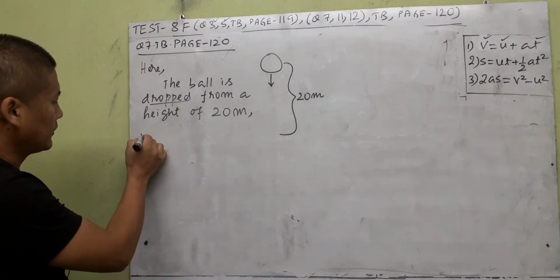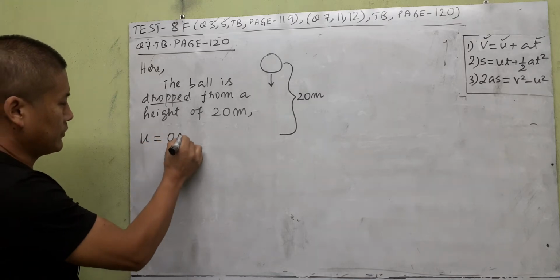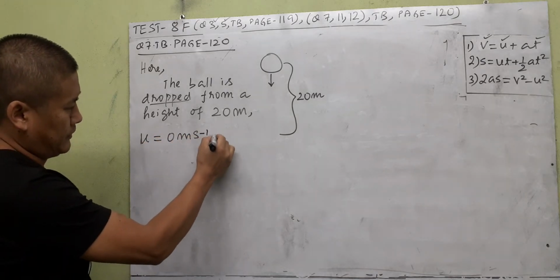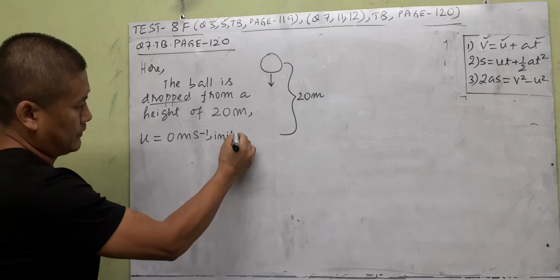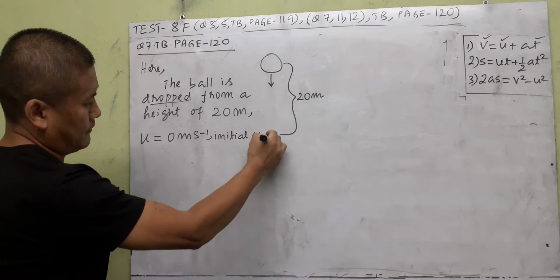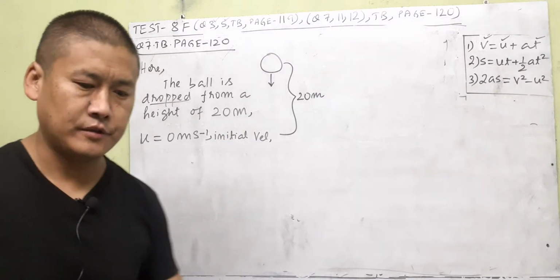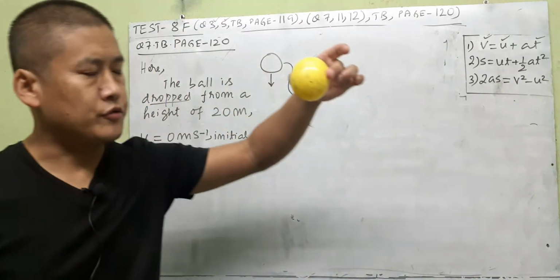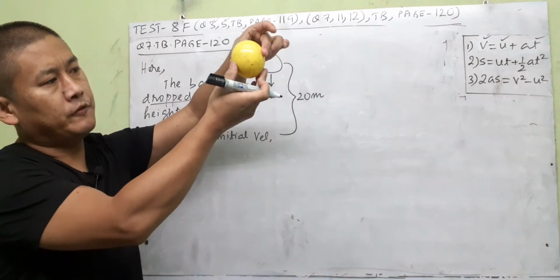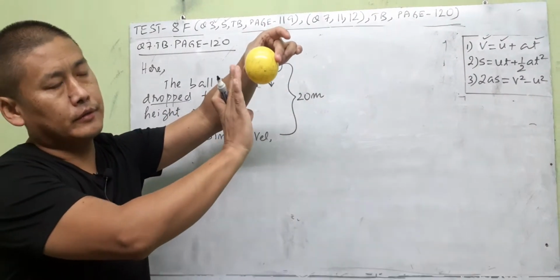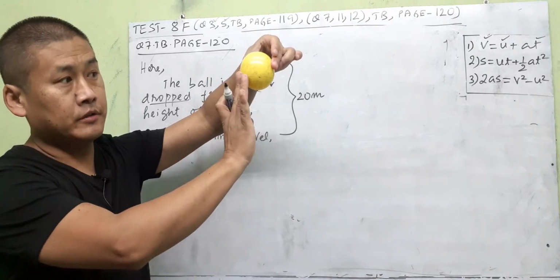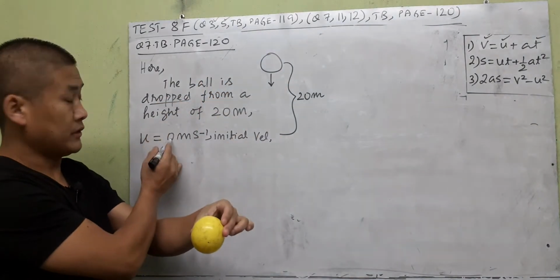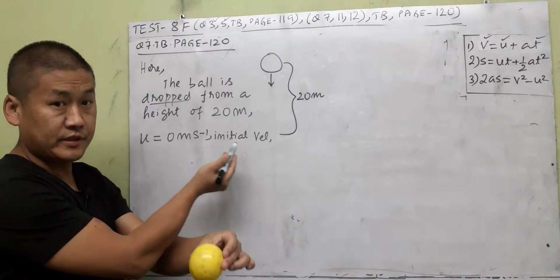So here the initial velocity u will be 0 meter per second. We have done this in the previous class also, right? When an object is dropped from a height, before it was gently released, it was stationary, at rest, so initial velocity is 0 meter per second.